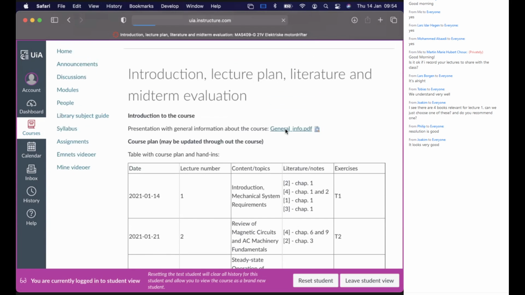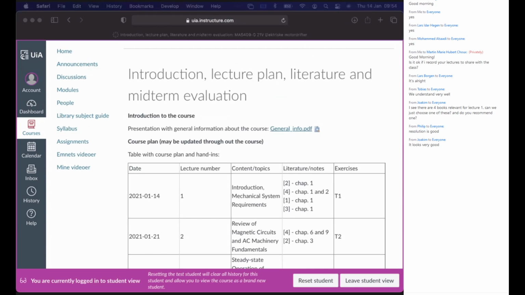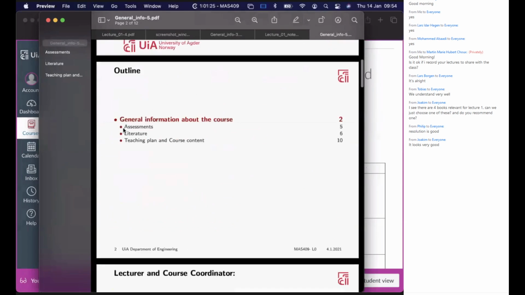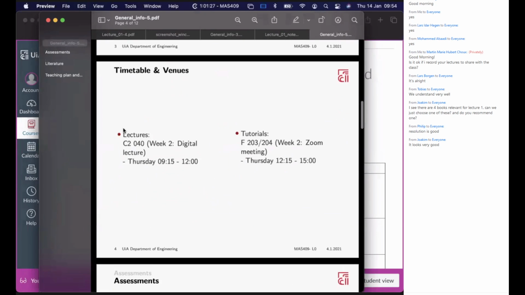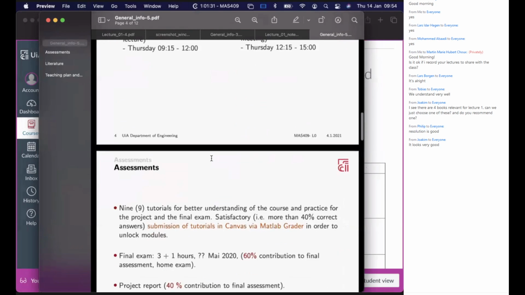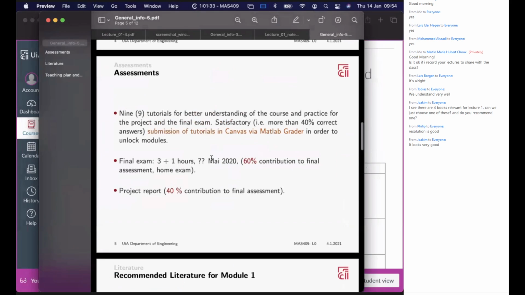And let's look at the general info. So these are the 2 time slots we have. About assessment, yes.